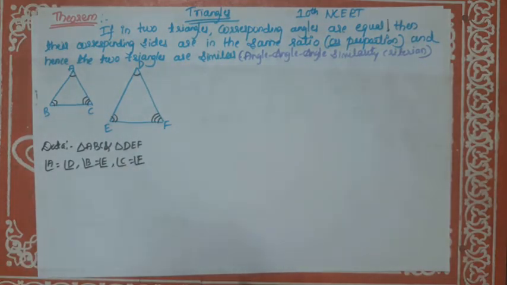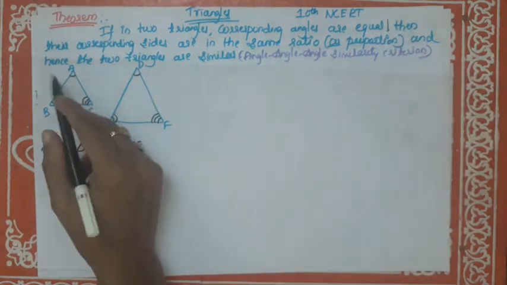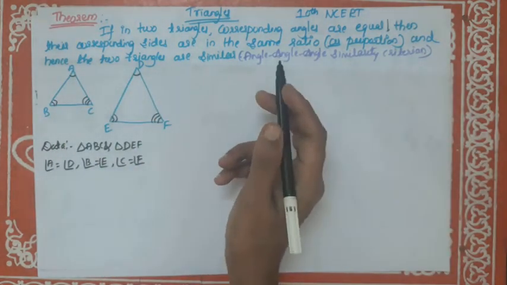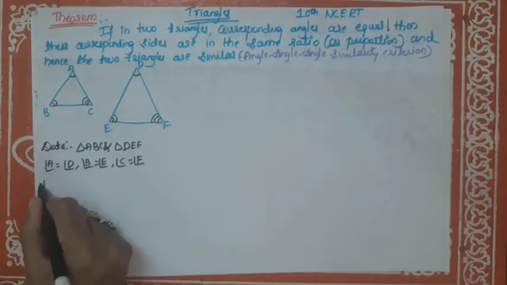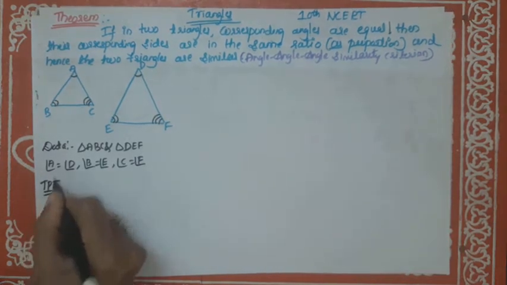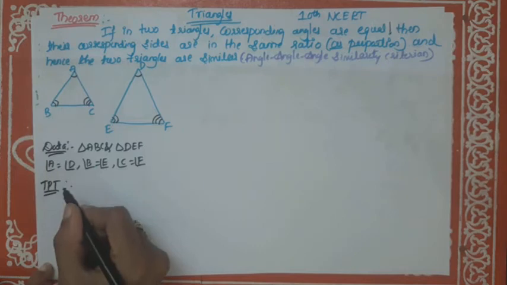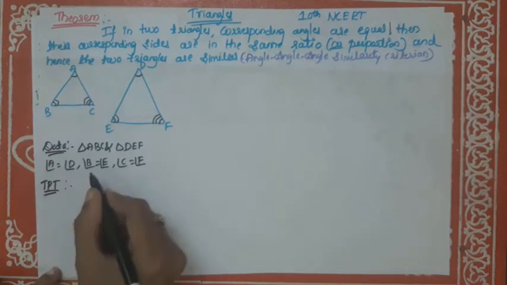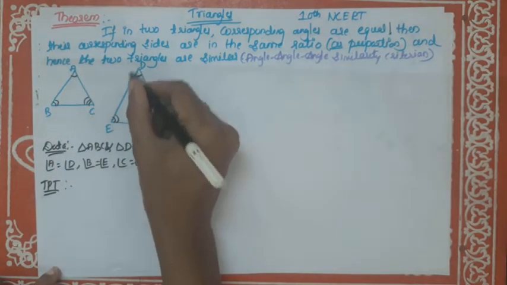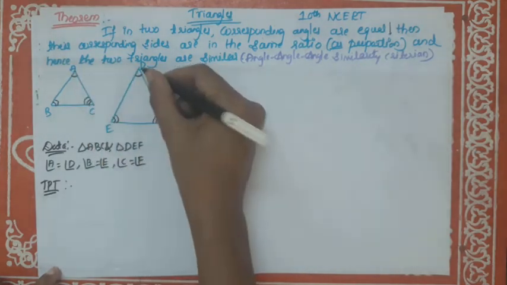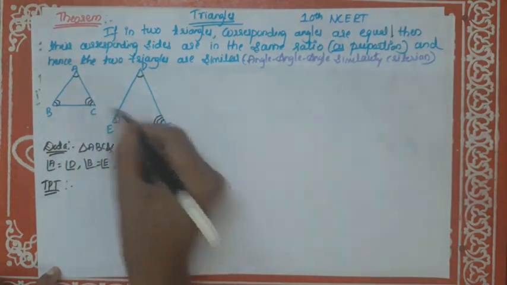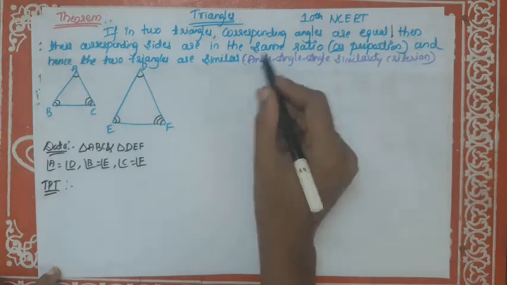Next, what we need to prove here: their corresponding sides are in the same ratio. To prove that the corresponding sides, AB and DE, AC and DF, BC and EF, are in the same ratio.